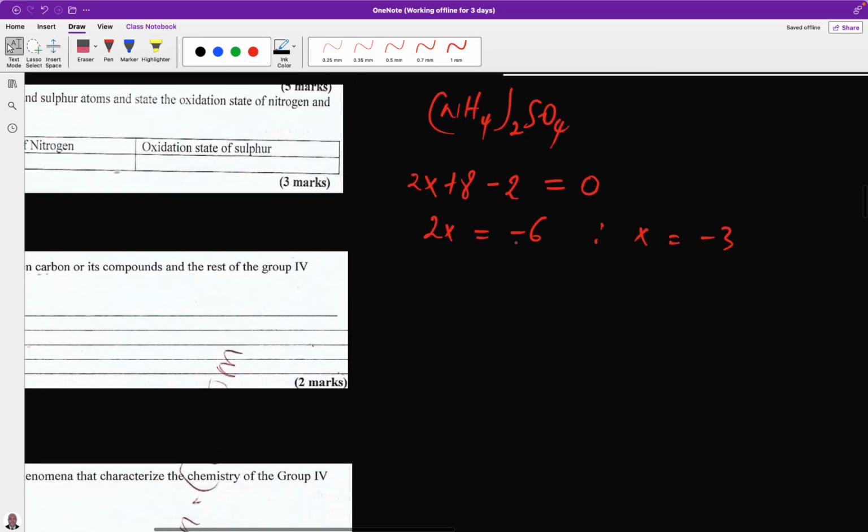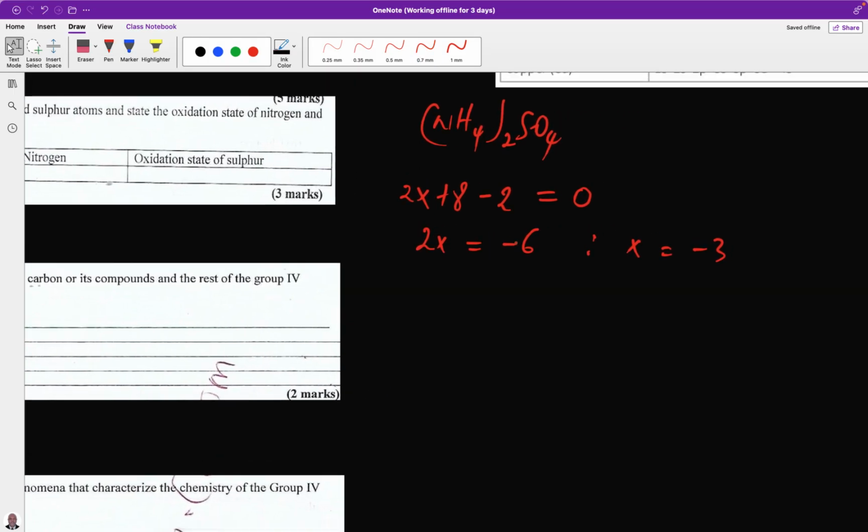Now again, another method to solve this is by just using the ammonium alone, without the sulfate. For this alone, we will say nitrogen is 2x. Hydrogen is 1. 1 times 4 is 4. 4 times 2 is +8.